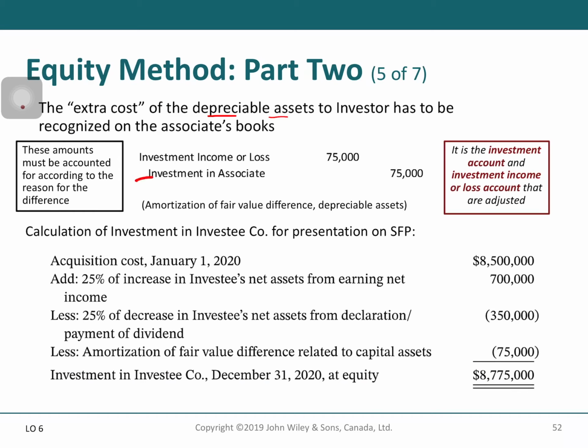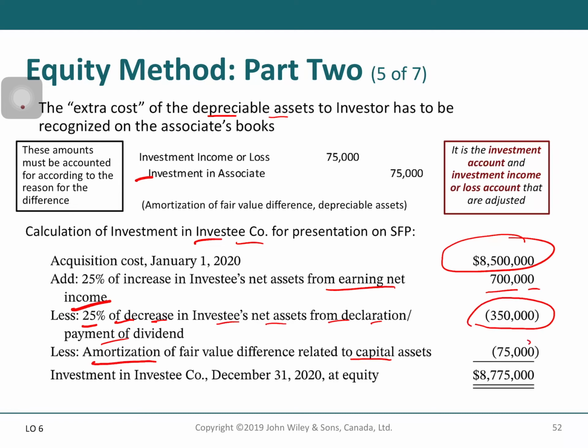Okay, so the total investment in investee corporation equals the acquisition cost plus the earnings, net income 700,000, less the 25% decrease of investee's net assets from the declaration and payment of dividends. This is the dividend received, and this is the amortization of capital assets 75,000. So your total investment in investee corporation is 8,775,000.